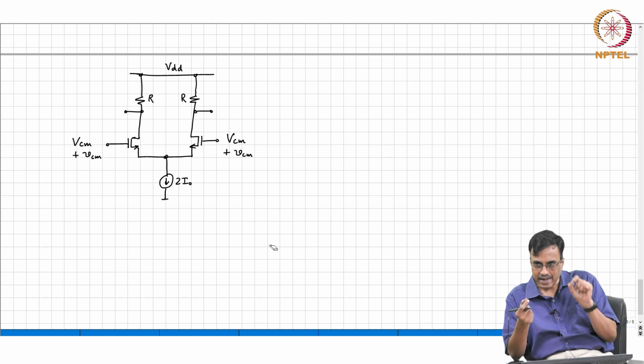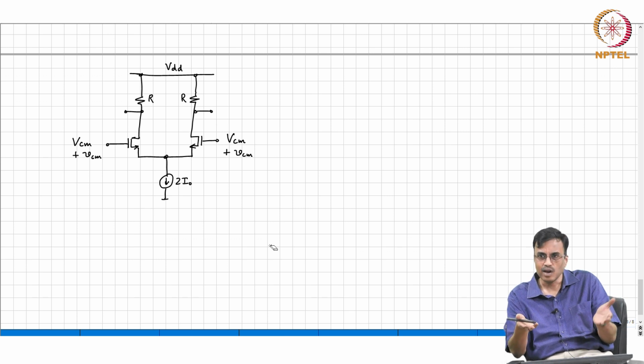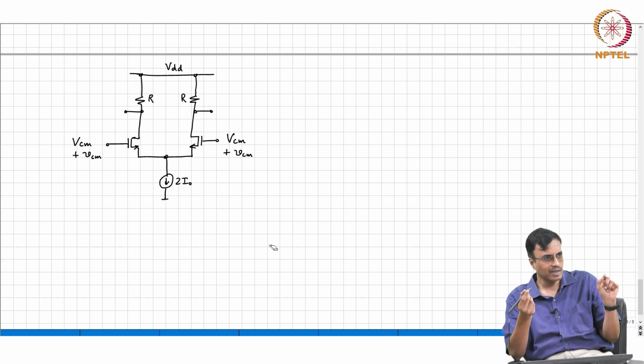So, to that end, we are keeping the differential mode 0, and we are increasing both Vx and Vy by the same amount. What should we expect to find for VO1? We should expect to find 0 because the output is not expected to depend on any change in the common mode. Is this clear, people? Alright.